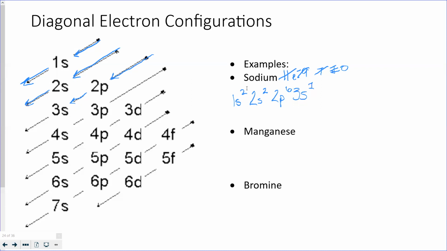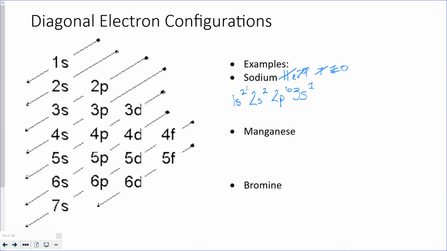So in sodium, there should be 2 electrons in a 1s sublevel, 2 electrons in a 2s sublevel, 6 electrons in a 2p sublevel, and 1 electron floating around in a 3s sublevel. So it's just giving us the locations of those different electrons as we go.